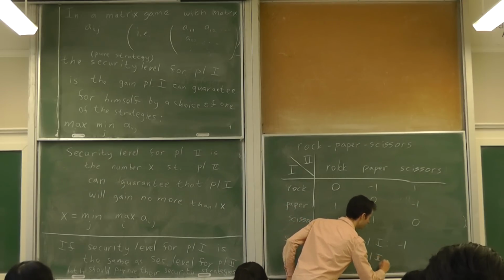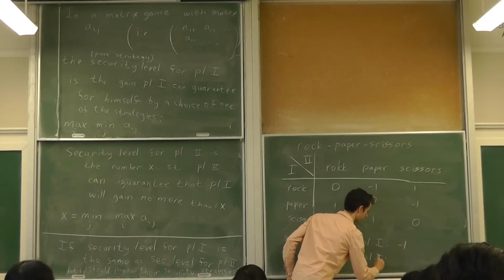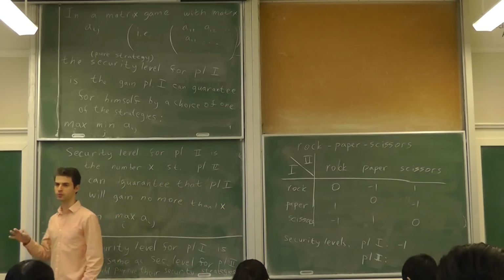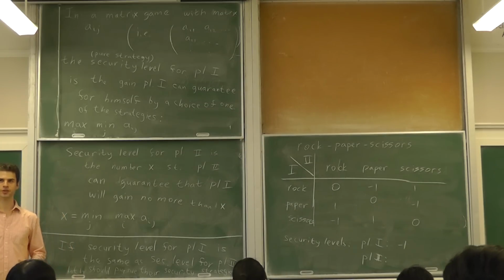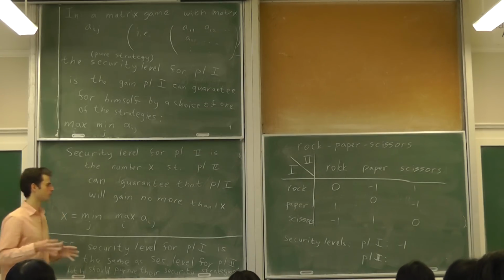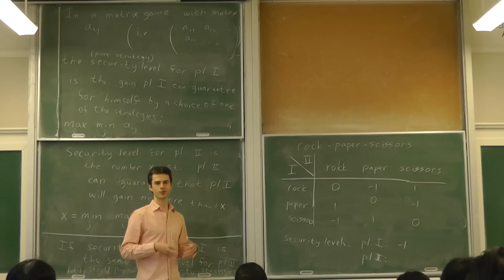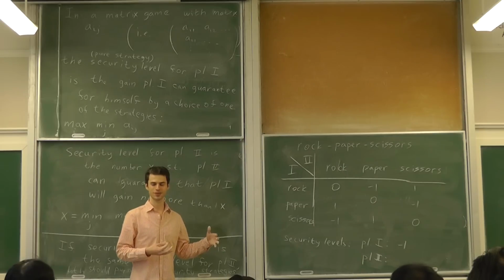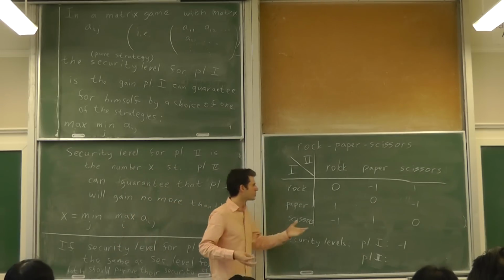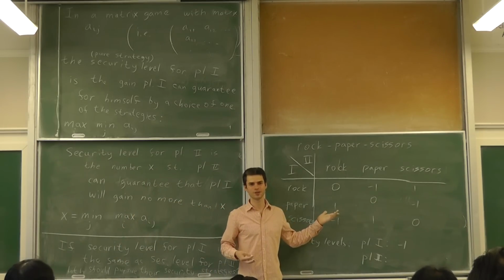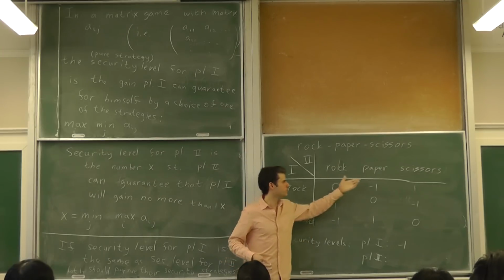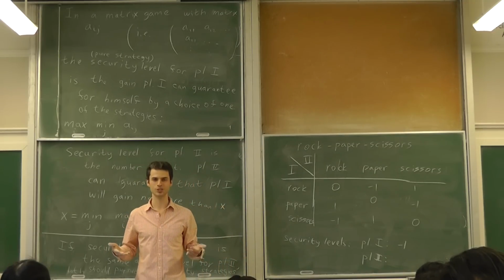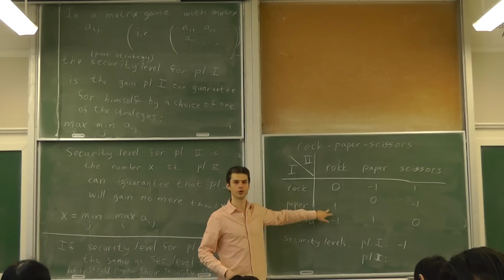What about player number 2? Well, the security level for player number 2 is what you can guarantee if you play in such a way as to give the first player the smallest possible win. The answer is he cannot guarantee any win smaller than 1. Whatever strategy he chooses, the first player has some possibility of playing in such a way as to gain 1 point.